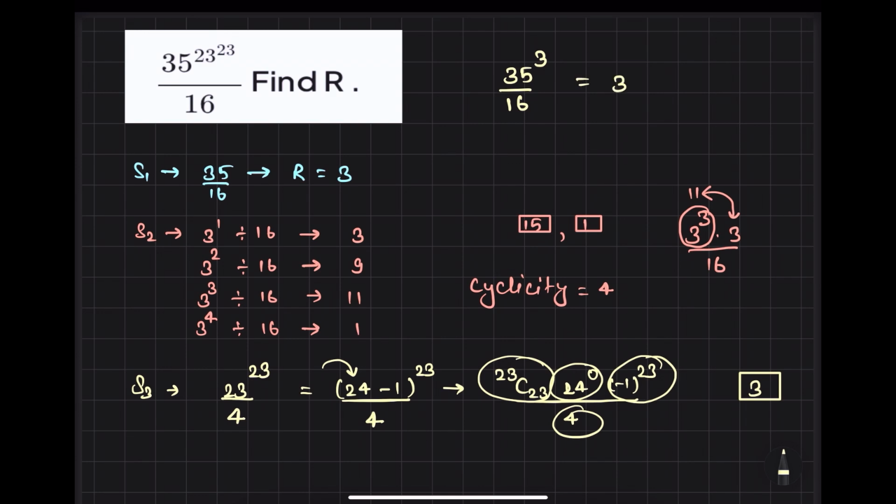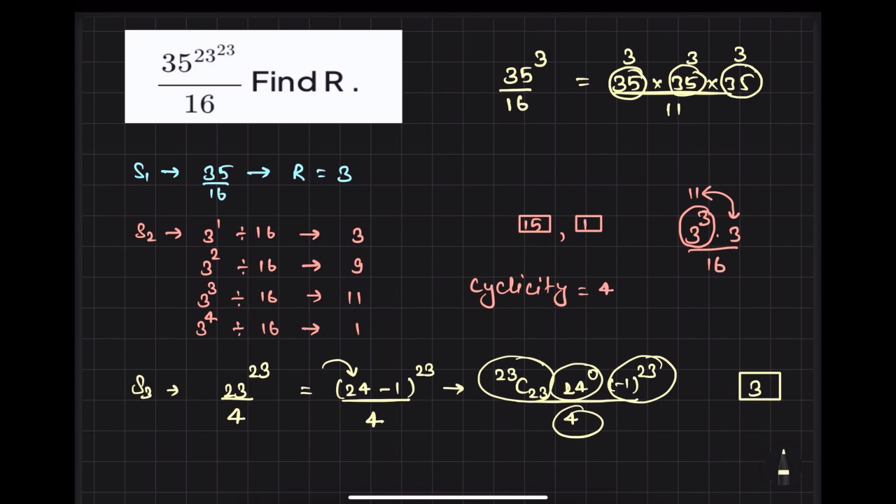Can I write this thing as 35 by 16? So if we divide 35 by 16, we will get remainder as 3. Correct? Same 3, same 3, right? So we got 27.